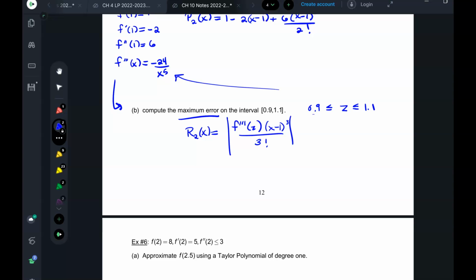If I put in something less than 1, this will get smaller and smaller, which will make that bigger and bigger. But anything bigger than negative 1 makes it smaller, but we're putting it in absolute value.